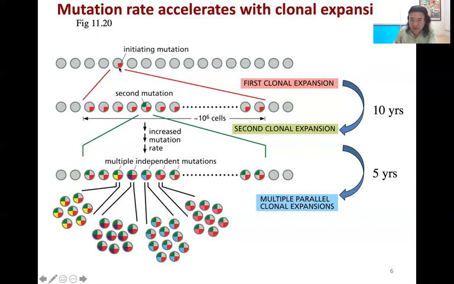Because up until that point, it's only had this one mutation, and most of the cells along the way have disappeared because of apoptosis. But after 10 years, you have, let's say, 1 million of these cells.